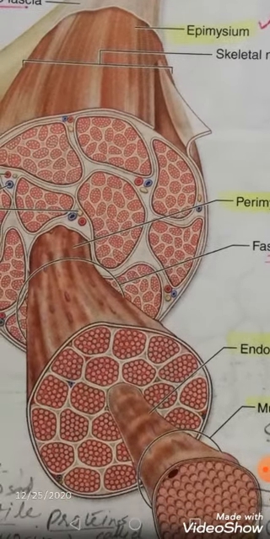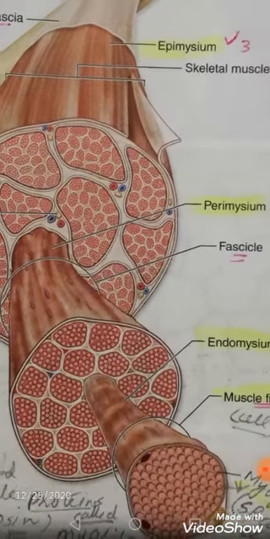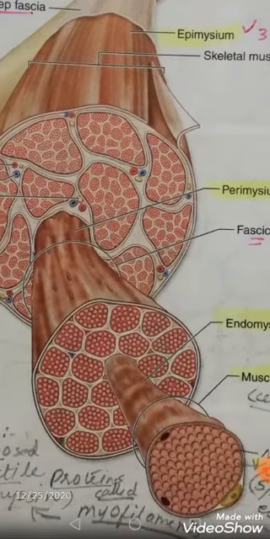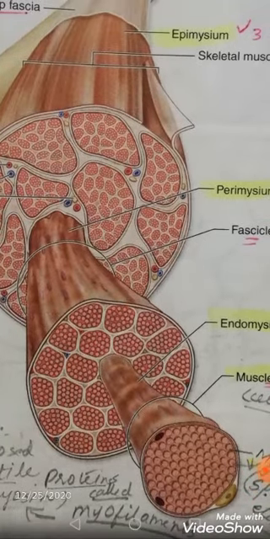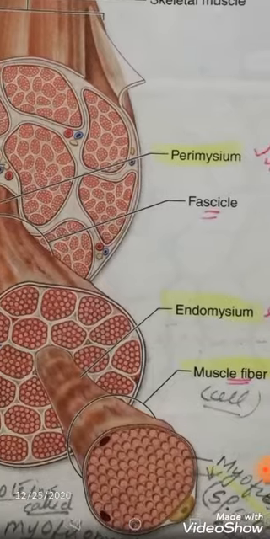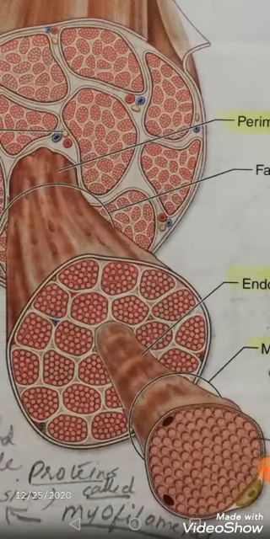Here the name of this epimysium changes to perimysium, and then again you would be looking that the perimysium is redividing inside, and the individual delicate muscle fiber is enwrapped by a reticular fiber, a delicate layer of connective tissue now called endomysium.